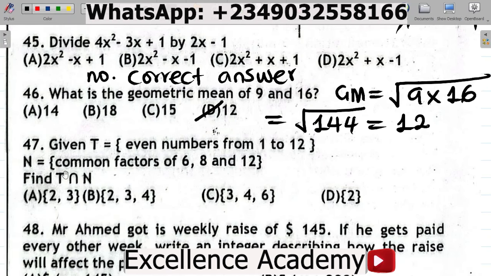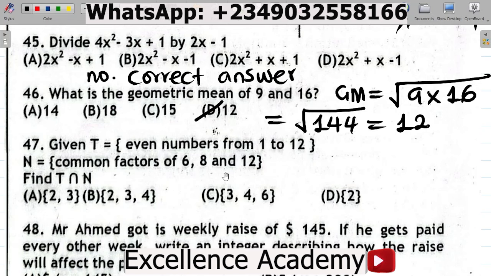Question 47. 47 says, given that t is equal to even numbers from 1 to 12 and n equal to the common factors of 2, 6, and 12, find t intersection n. A, 2, 3, B, 2, 3, 4, C, 3, 4, 6, D, 2.